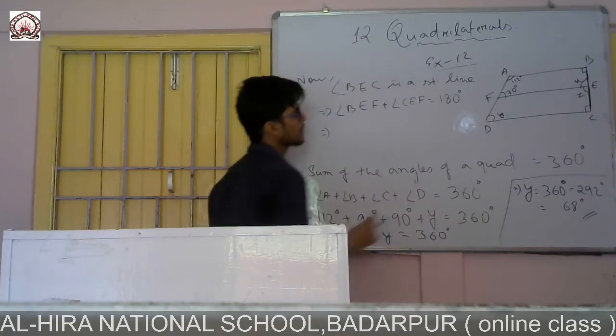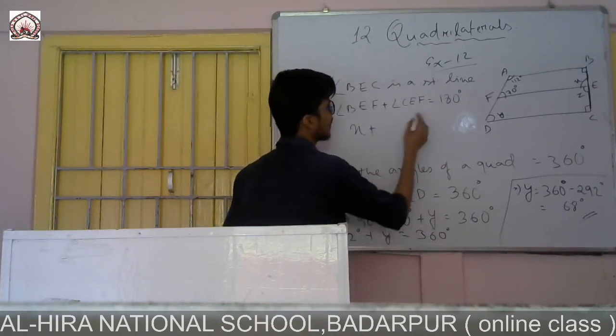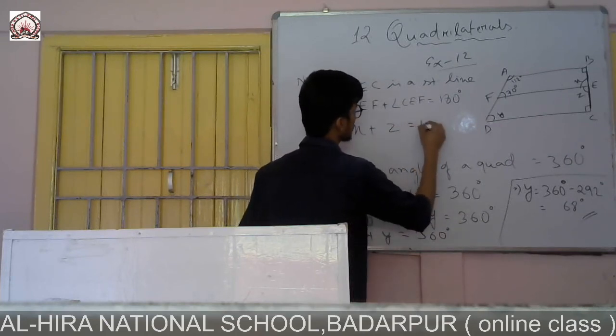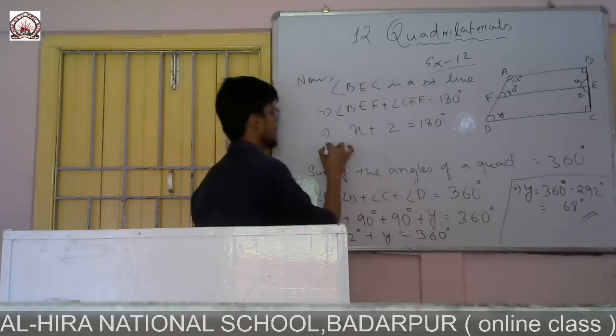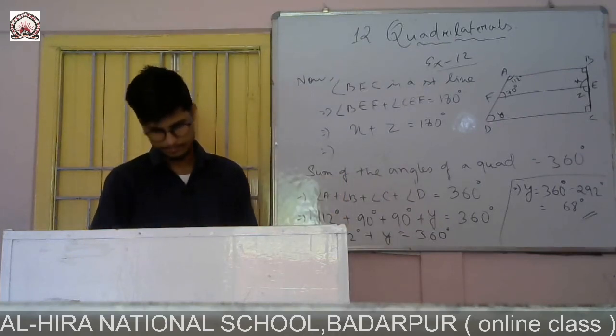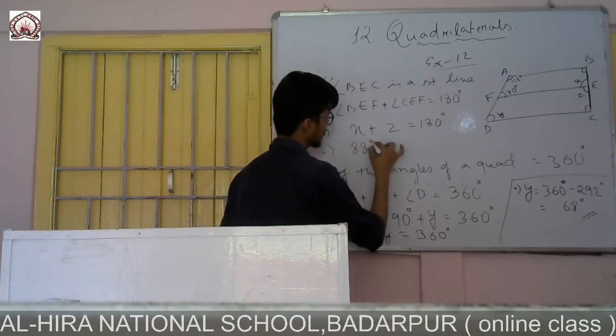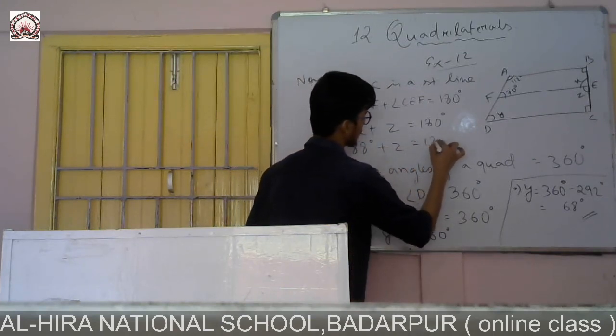Implies BEF is given x and the other angle is given as z, it equals to 180 degree, and the value of x was 88 degree. That means in place of x I can write 88 degree plus z equals to 180 degree.